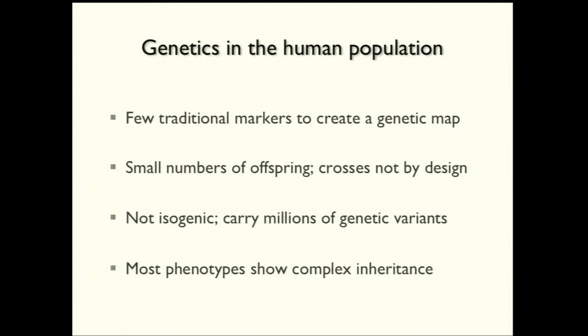But there weren't generic markers at high enough density in humans so you could create a genetic map of the whole human genome. Also, obviously, humans tend to have small numbers of offspring and don't take lightly to being told who to mate with because it's an informative mating. And even if they did, it would take decades for you to do your experiment. So you're stuck with whatever matings exist in the population and a small number of offspring. Also, it's much easier to do genetic mapping if you start with an inbred, homozygous, isogenic line.